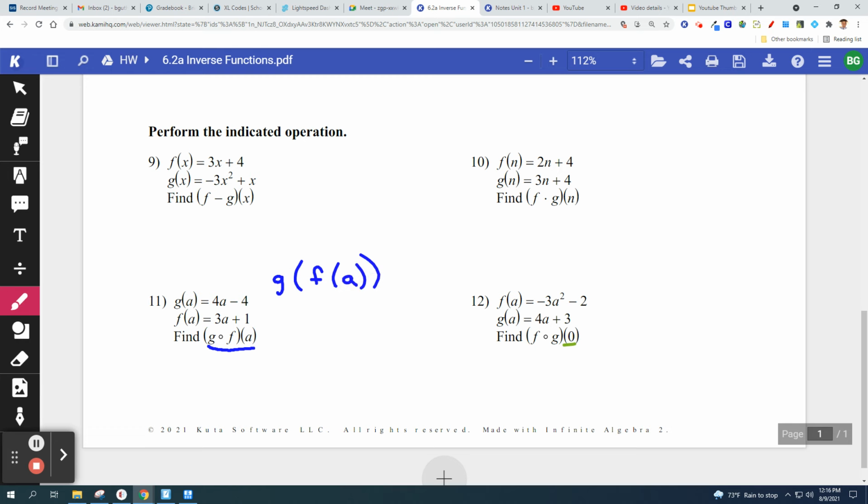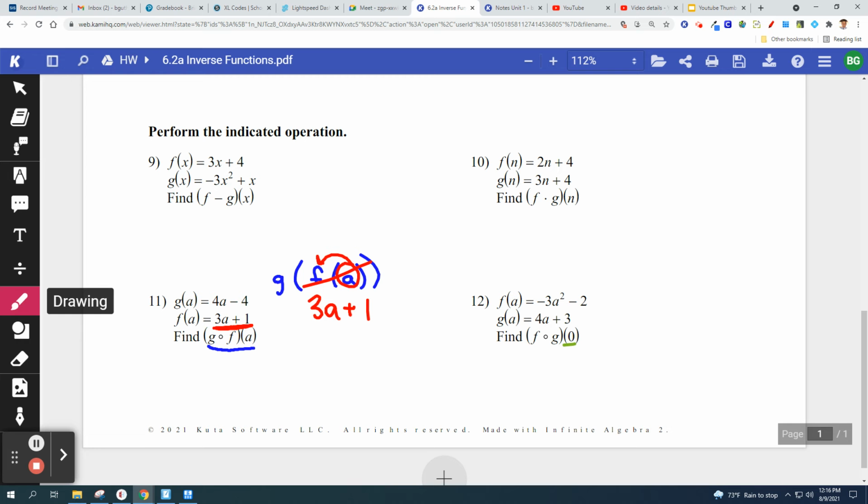Looks like that. And what that means is we're going to take a and stick it into that f equation. But if you do that, we already know exactly what that looks like. A inside the f of equation is just 3a plus 1. So it's kind of a silly question here because we already know f of a is 3a plus 1.